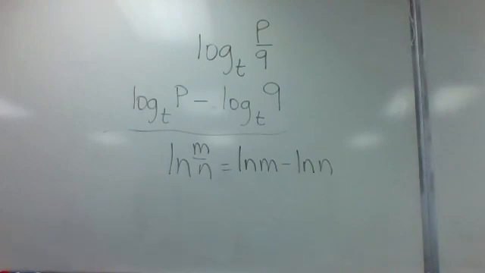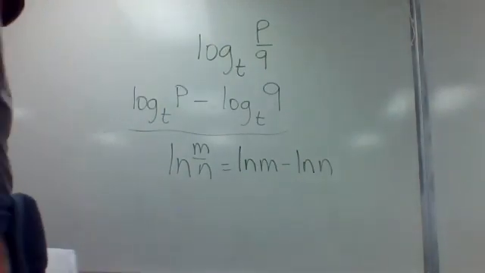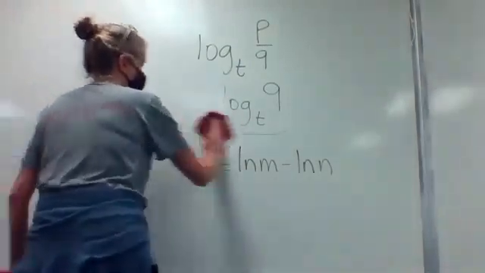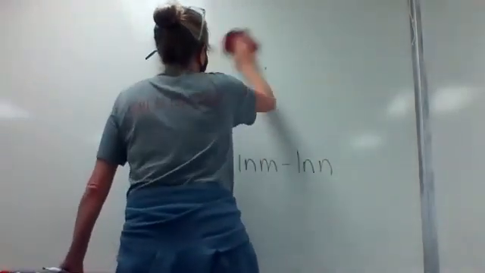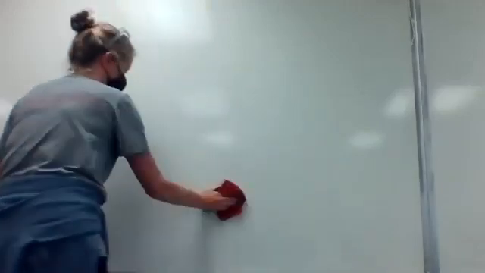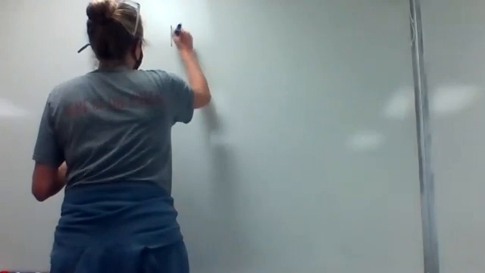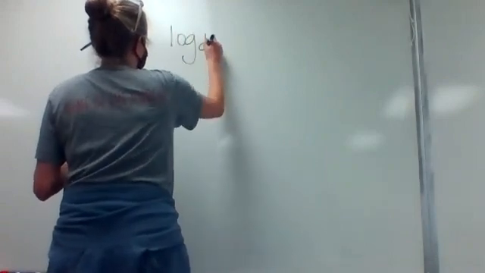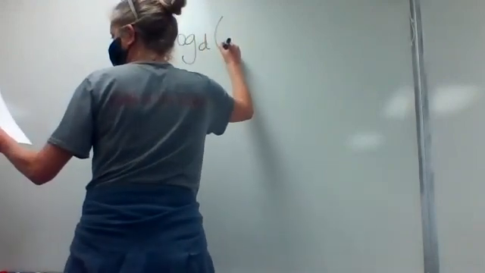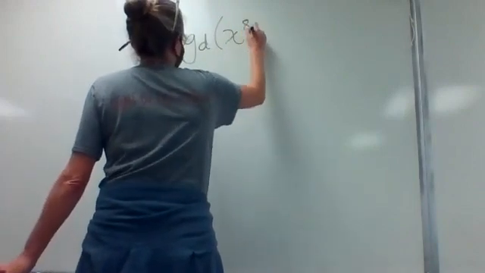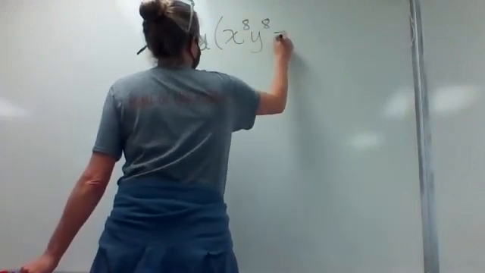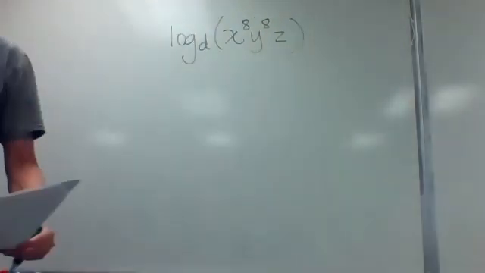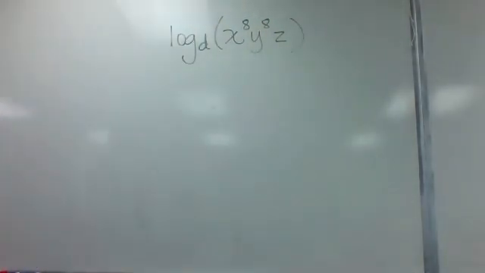Okay, now some of these will have multiple properties that we can use, like number 7. Got log base c of x to the 8th, y to the 8th z. So let's rewrite this one.